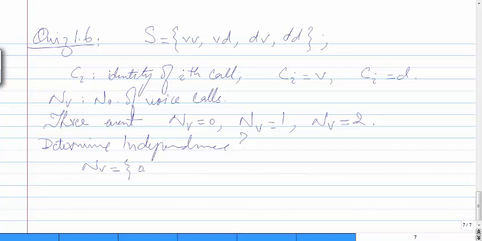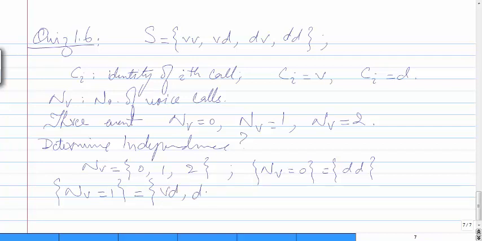We have 0, 1, and 2. When it says NV equal to 0, this event corresponds to only one outcome, and when it says NV equal to 1, this event corresponds to the following outcomes, that is VD and DV.